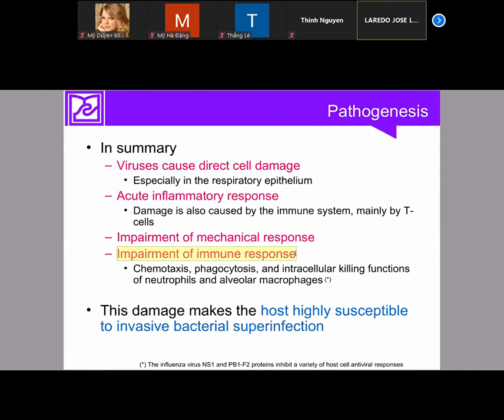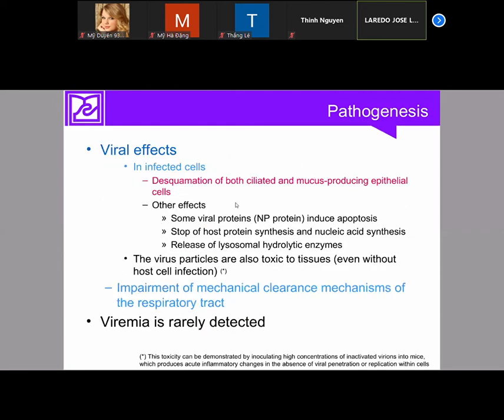This is related with some proteins produced by the influenza virus. Some proteins produced by the influenza virus, by different mechanisms that we are not going to explain, can inhibit some functions of the immune system. Some proteins can inhibit phagocytosis or chemotaxis or other functions that we can't explain.